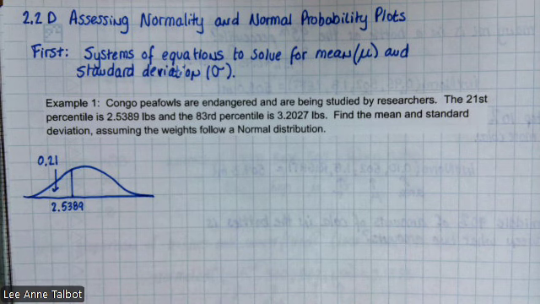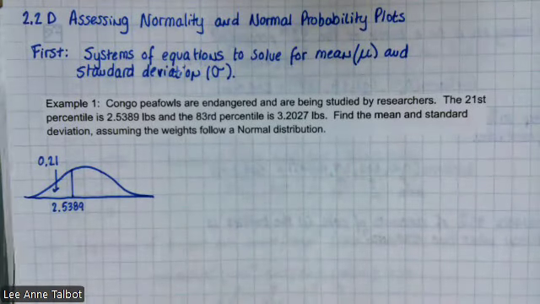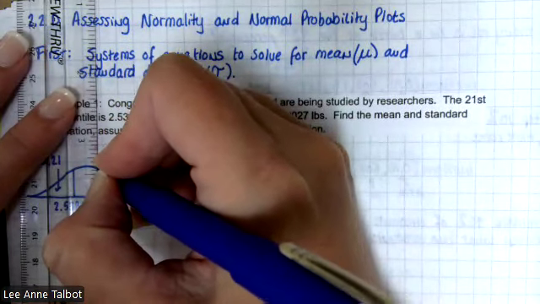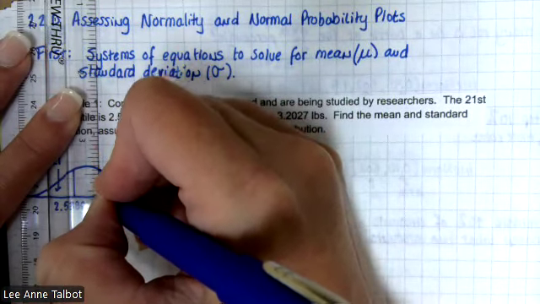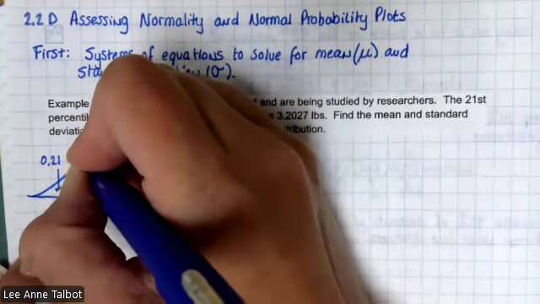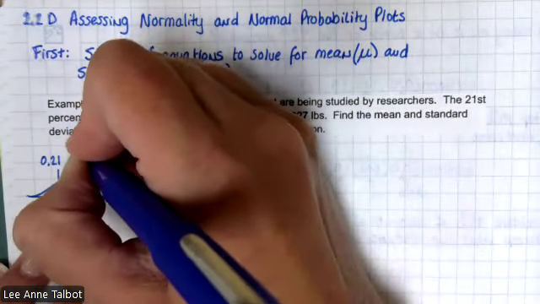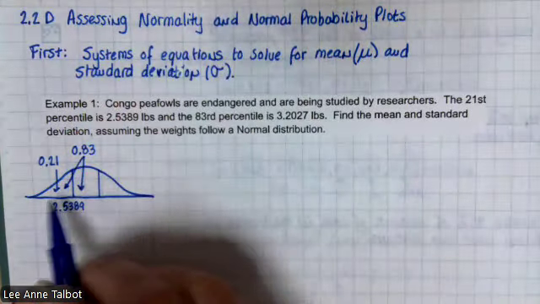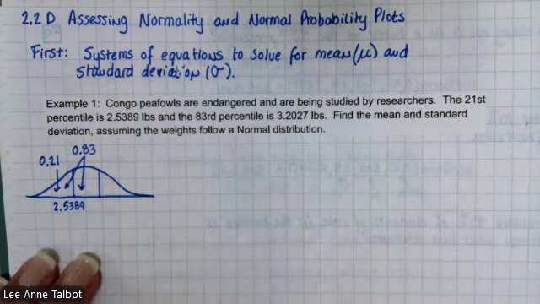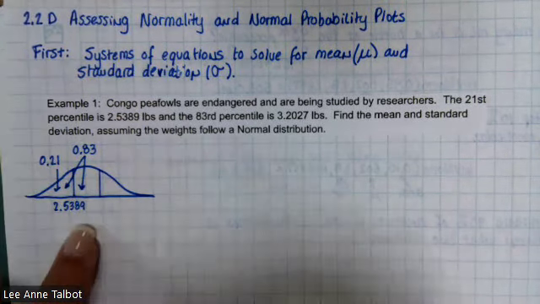Okay, now the other piece says the 83rd, which would be like right here-ish. Okay, but really important is that because we're talking about percentile, you note that both of those sections added together would be 83%, not just this piece, but the all cumulative 83%.